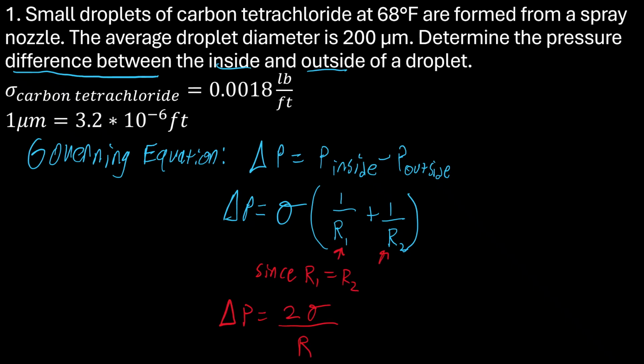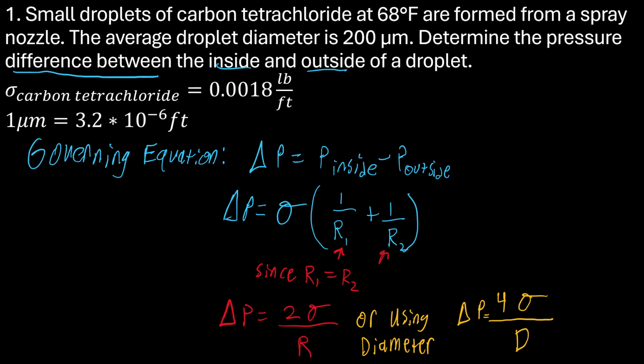Since we have a droplet, there is no inside and outside radius. There's just only one radius. So we can reduce it to this other form, delta P equals 2 sigma over R. We're using radius, but there is the other form where you can use diameter. So since diameter is the same as saying 2 radius, the numerator increases also by a factor of 2.